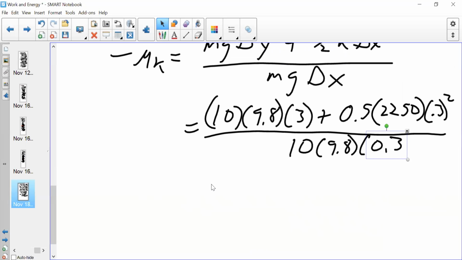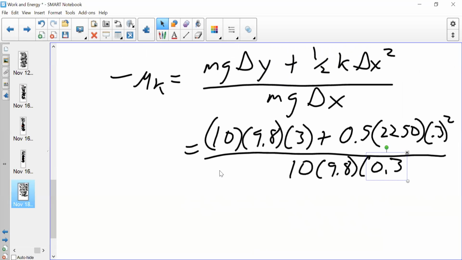Let me rewrite this. So the whole thing should be negative, actually. So this is going to be negative, and that will be negative as well. So yeah.